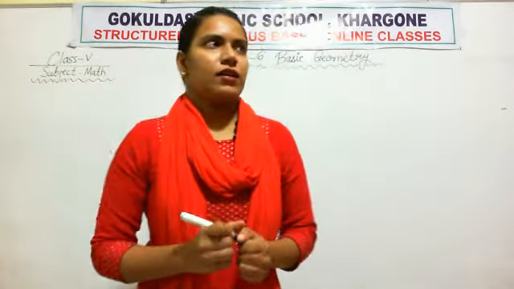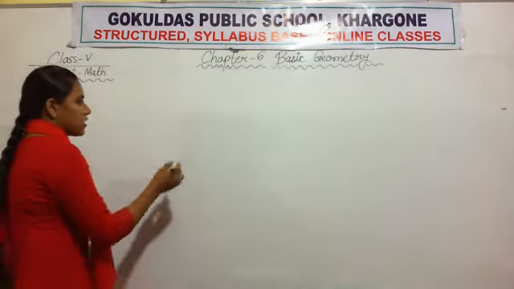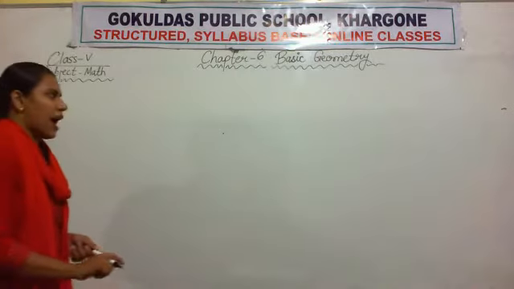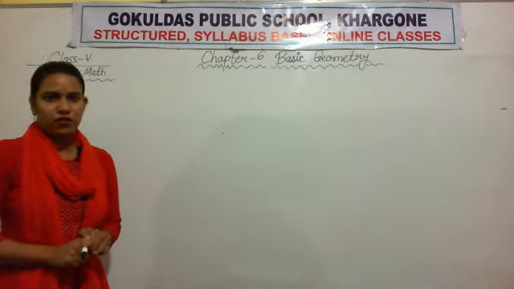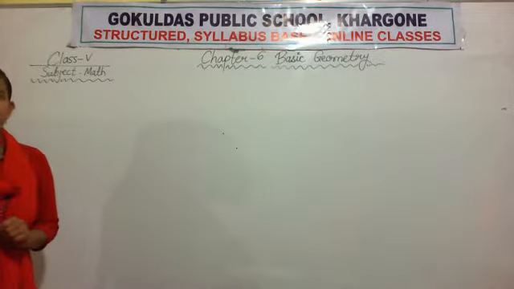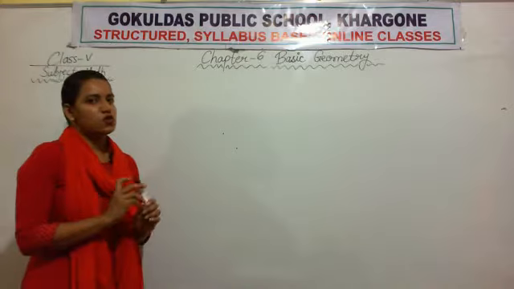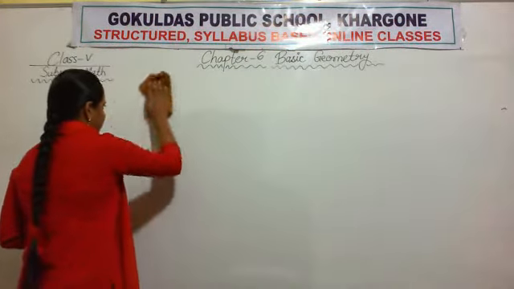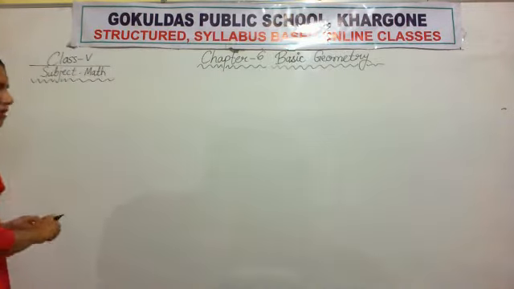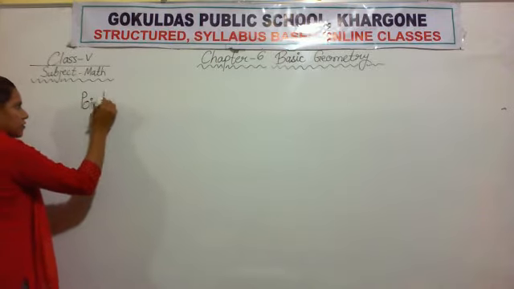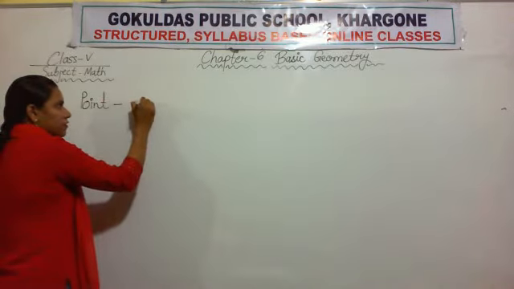Suppose I make a dot on the board. Can you see it? I have made a dot on the board. A dot is just a simple point. Point is very basic for geometry. First thing is point. This is the symbol for point, right?